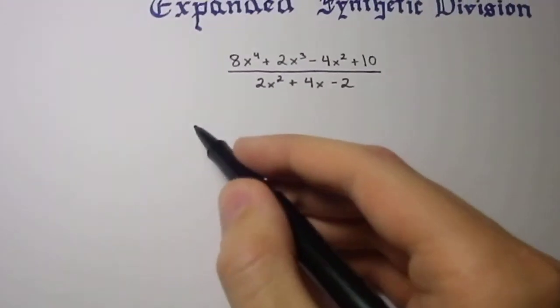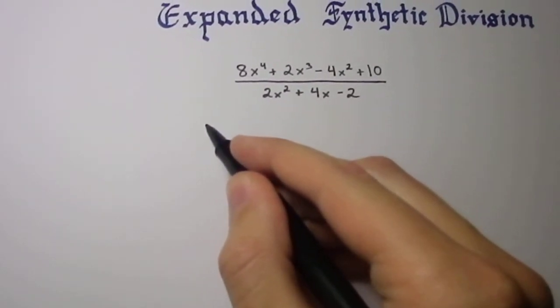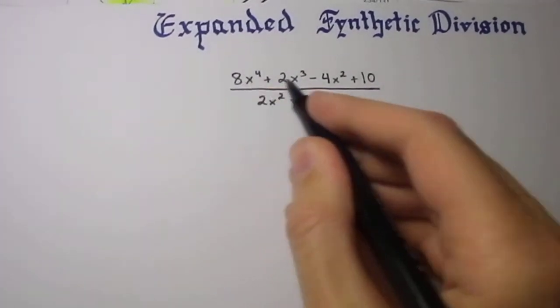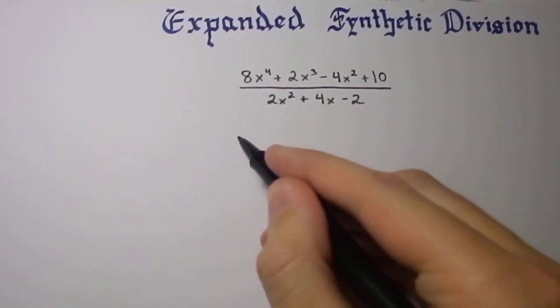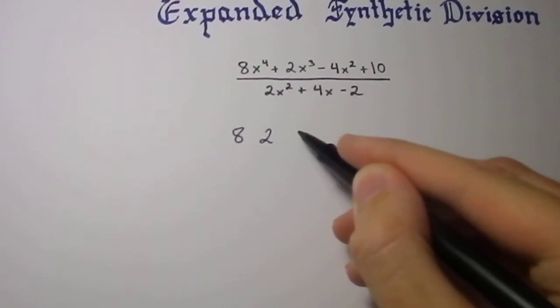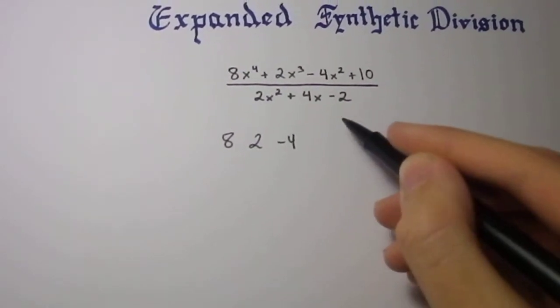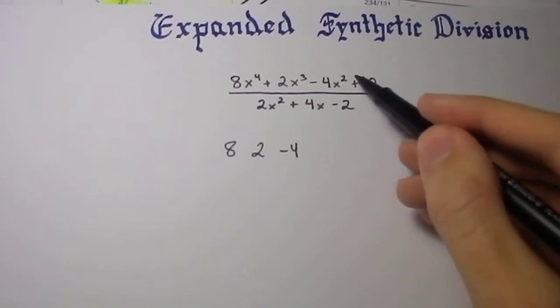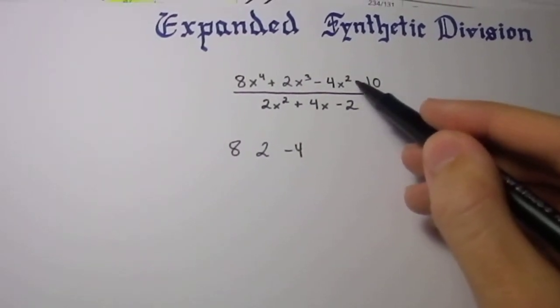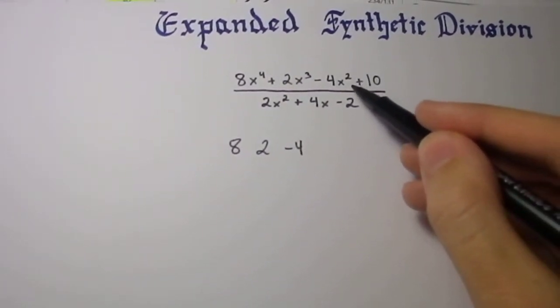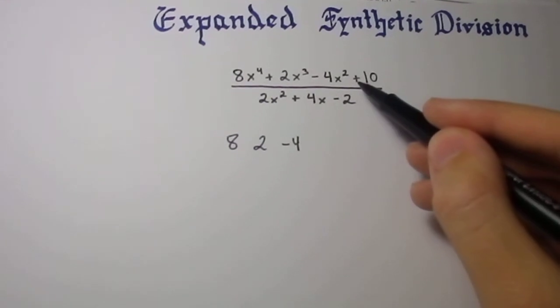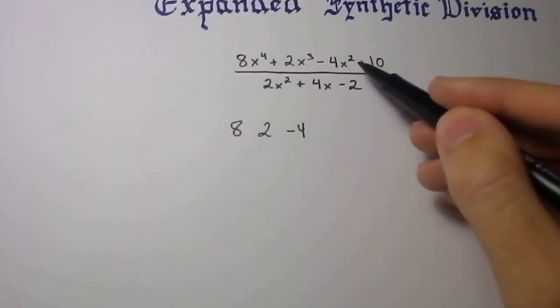So as you would know, regularly you would write down all the coefficients in the numerator. So you have 8, 2, negative 4. Now remember that you have an x to the 1 here, so the coefficient in front of x has to be 0, because 0 multiplied to anything is 0, and that's why it's not written.